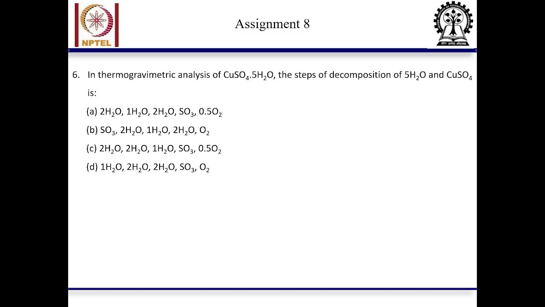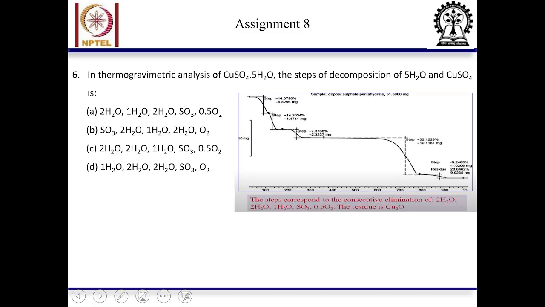Okay, so let me show you the spectra. Now I will go a little bit into this detail. Okay, here. So first thing is that here they have taken the 10 mg of your sample. Sorry, they have taken somewhere 30 mg. I will just check. Yeah, they have taken 31.5 mg. It's written here.